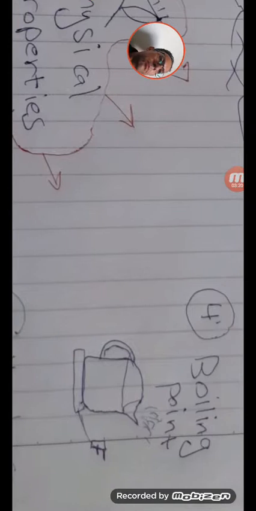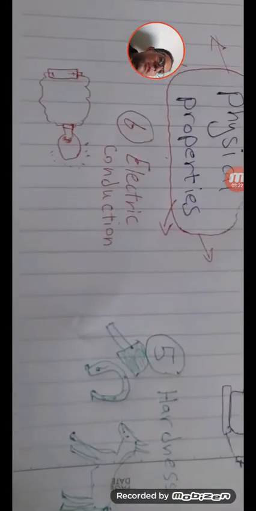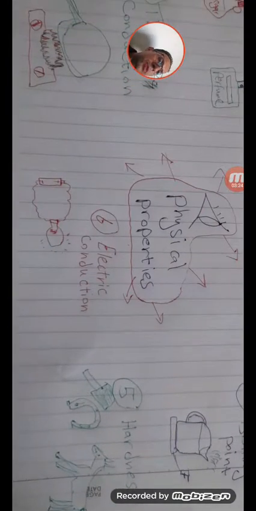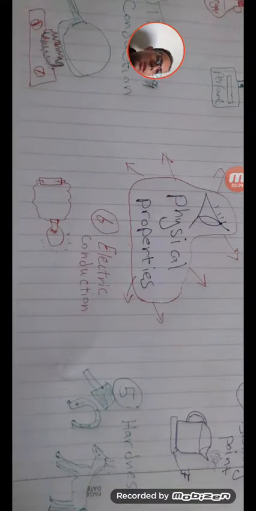Melting point: how ice becomes water. Boiling point: how water turns into vapor, as we see here. The fifth point is hardness, about how we can reshape iron, and we will talk about details also.